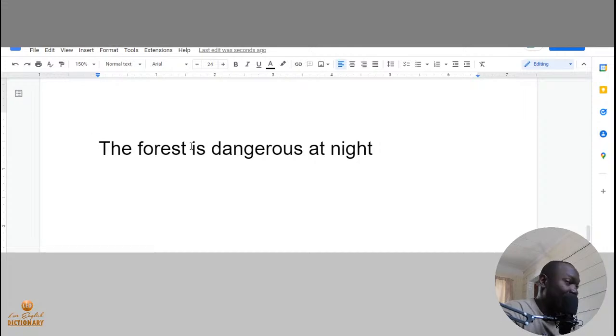I don't know how to translate this sentence, guys. The forest is dangerous at night. We'll come back to it. The forest is dangerous at night.